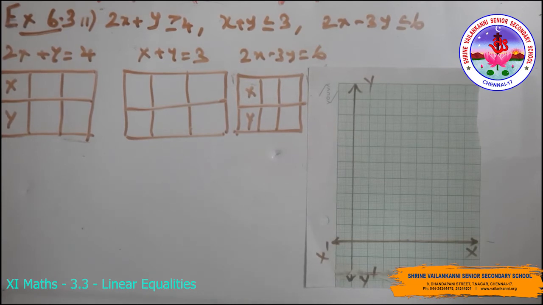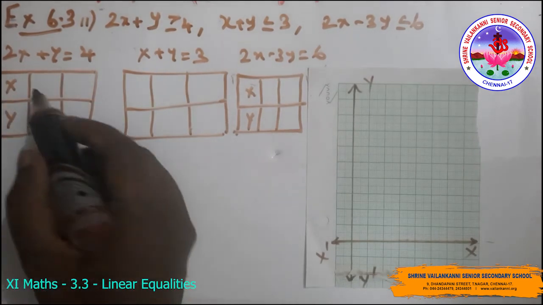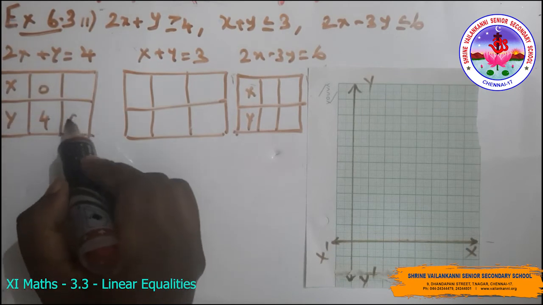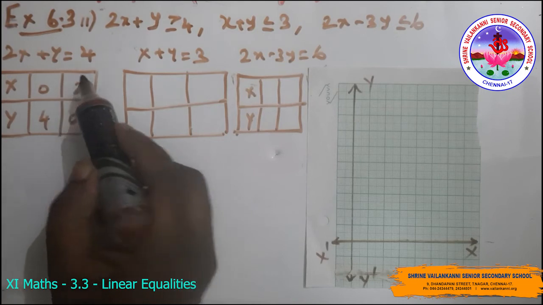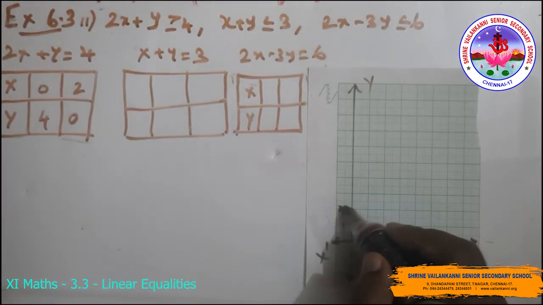11th question, 2x plus y is greater than or equal to 4, x plus y less than or equal to 3, 2x minus 3y less than or equal to 6. So 2x plus y equal to 4. So put x equal to 0, y equal to 4, put y equal to 0, 2x equal to 4, so x is equal to 2.